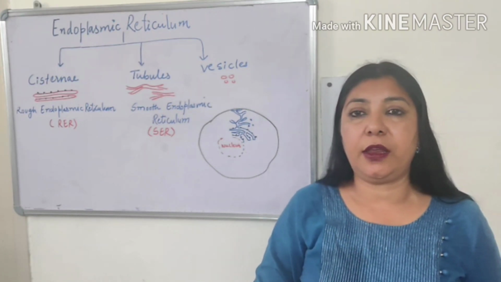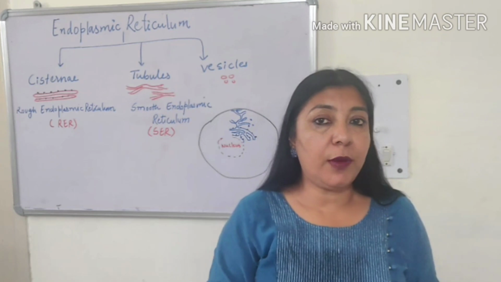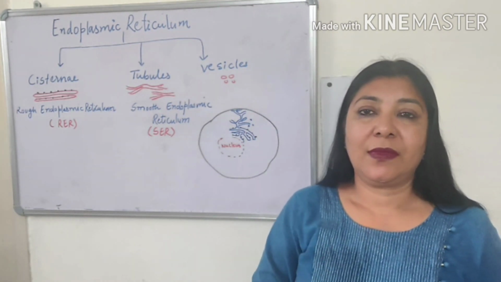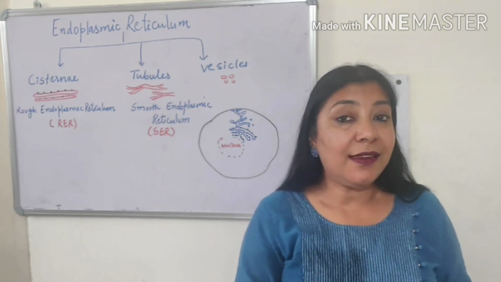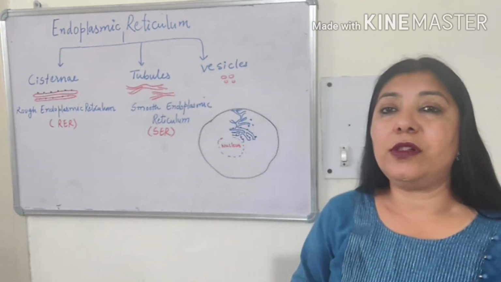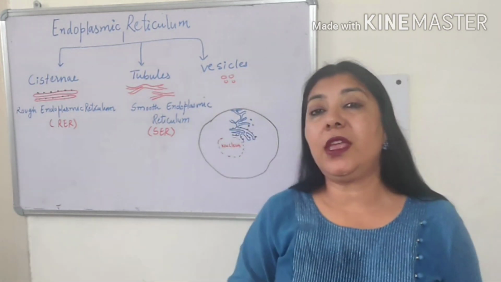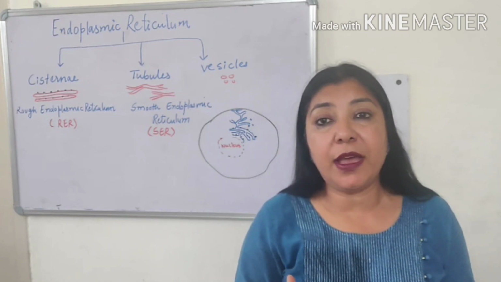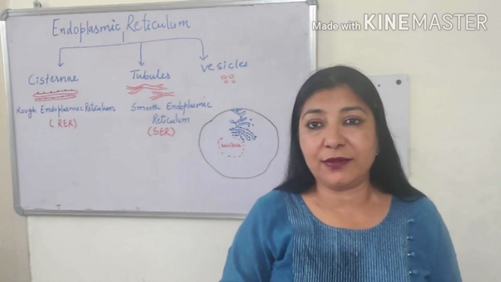And I just want to remind you, the sarcoplasmic reticulum, which is present in our muscles, is also of smooth endoplasmic reticulum type. It will release calcium ions for muscle contraction.